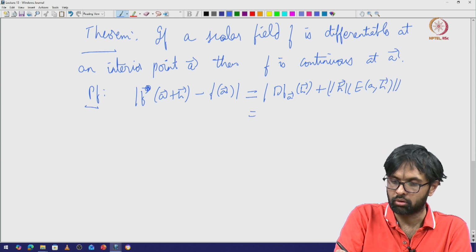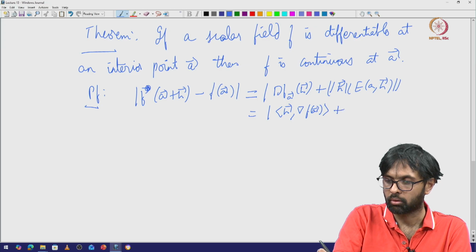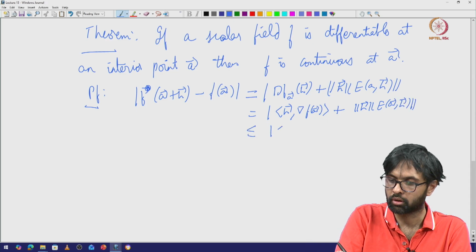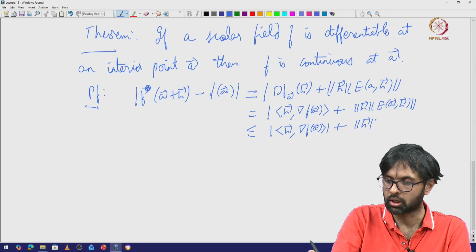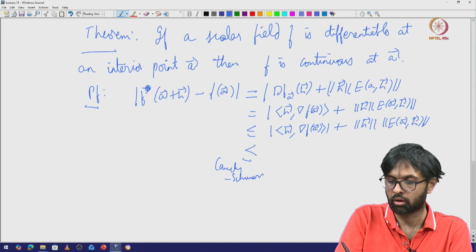Now this is equal to h comma the gradient, plus this, by the triangle inequality. In fact there are many ways to do this, but we'll stick to this. By the Cauchy-Schwarz inequality, which is our best friend, this is less than this.